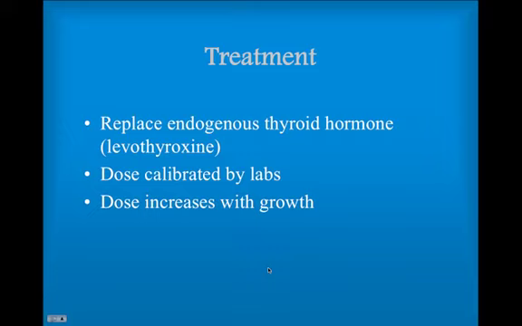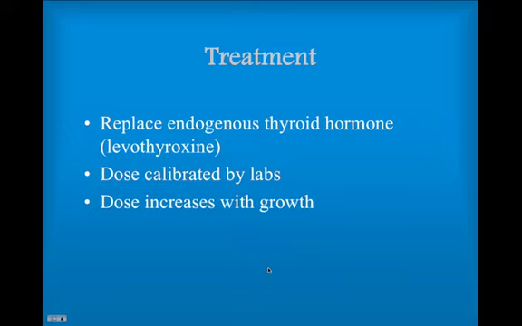One is whether you should treat with just T4, which is levothyroxine, which is the way we treat in most cases, is to give levothyroxine, which is T4, and then know that the body converts it to T3. There is some discussion about whether it would be more metabolically normal or similar to what our bodies do to treat with a combination of T3 and T4. I think the verdict on that is not in yet.